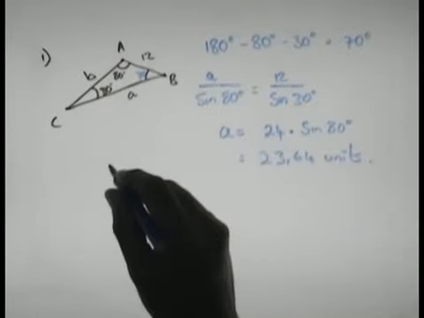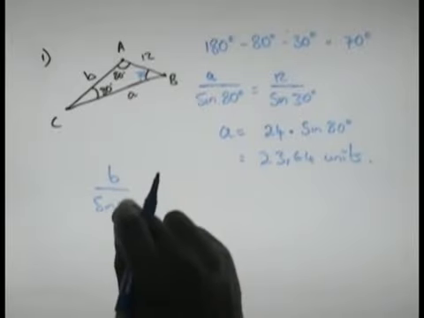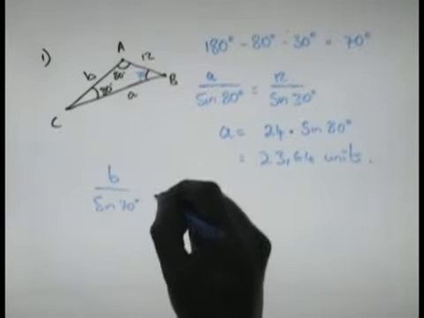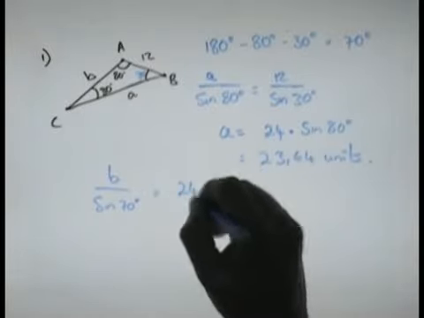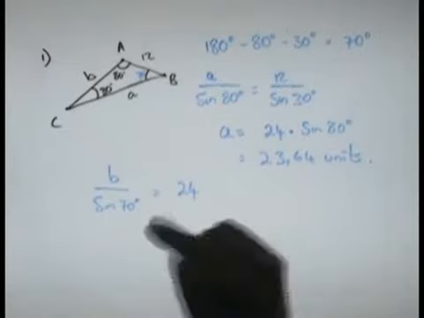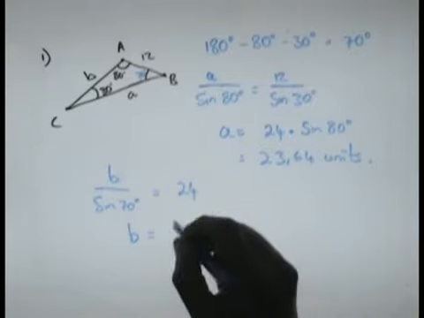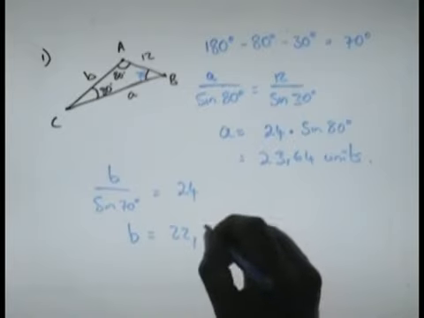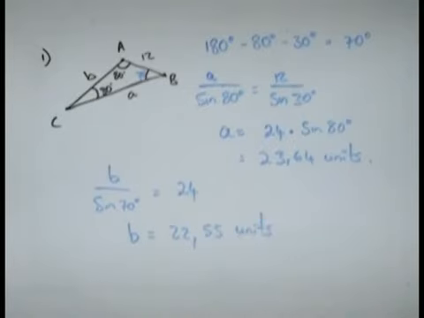To get side B, we can say B over sine B, which is 70 degrees, is equal to, again, 12 over sine 30, which is 24. Which means that B is equal to 24 sine of 70, which is equal to 22.55 units, rounded off again to 2 decimal places.